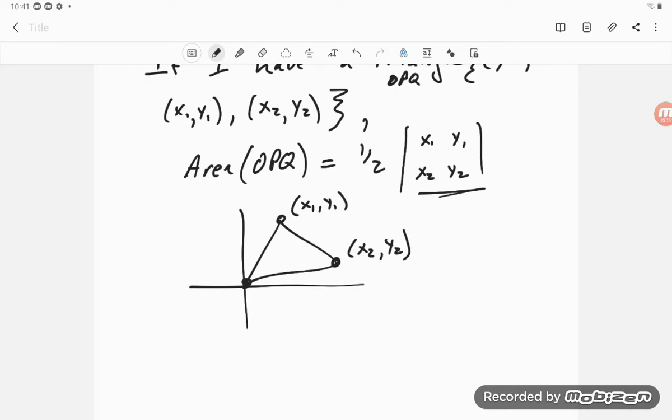Now, they go through the derivation of this thing, and they actually use polar coordinates to get this idea.